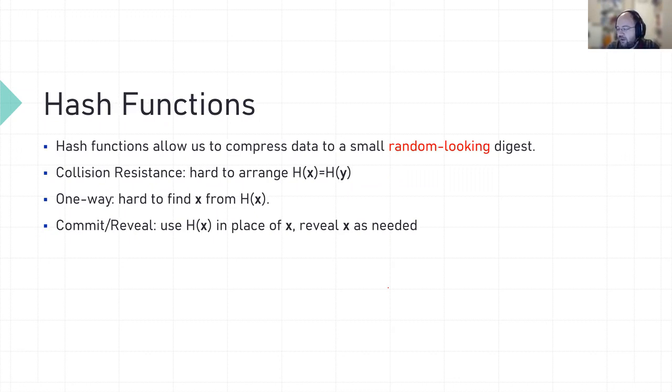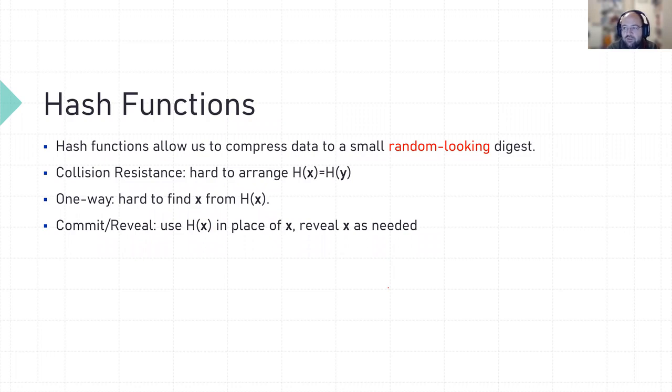So before we move on to how we can build our toy version of Tornado Cash, we're going to look at one crypto primitive, and that is hash functions. It's something that you have probably looked at previously. So we can get any amount of data and compress it into a small random looking digest, right?